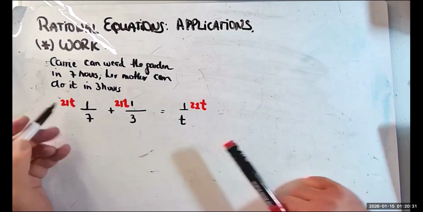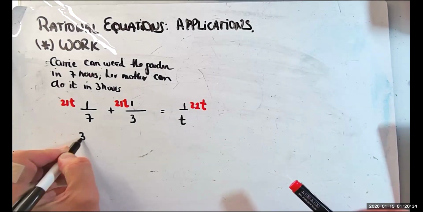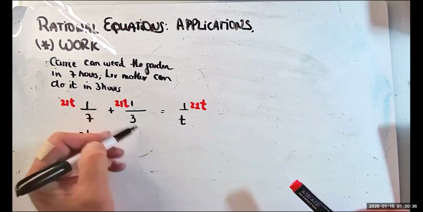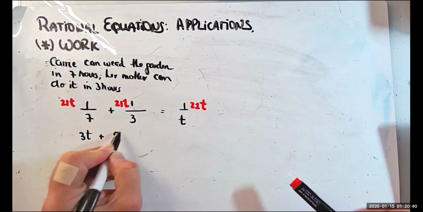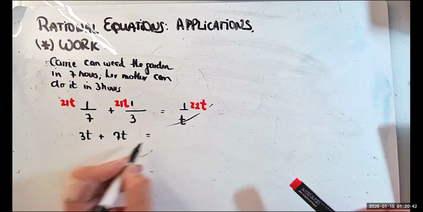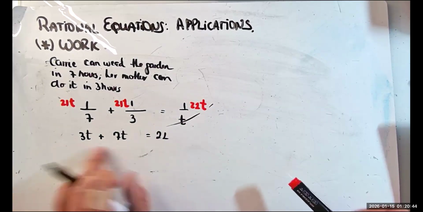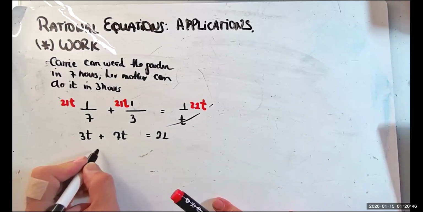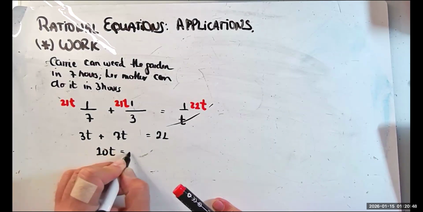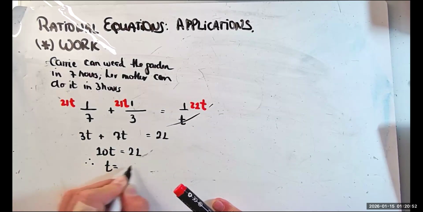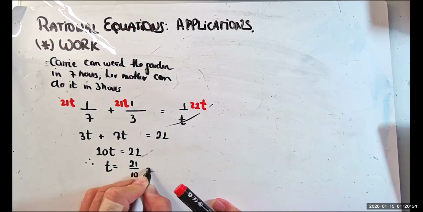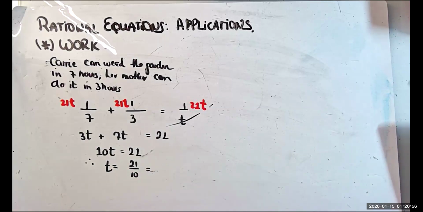Of course, 21 divided by 7 is 3t, plus 21 divided by 3 is 7t, equals t over t times 21. Last time we checked, 3 plus 7 is 10t equals 21. Therefore, t equals 21 over 10, or of course 2.1.